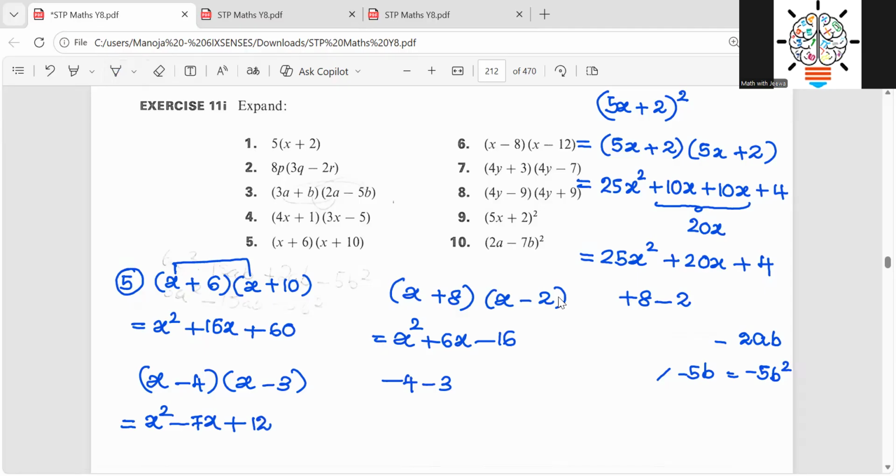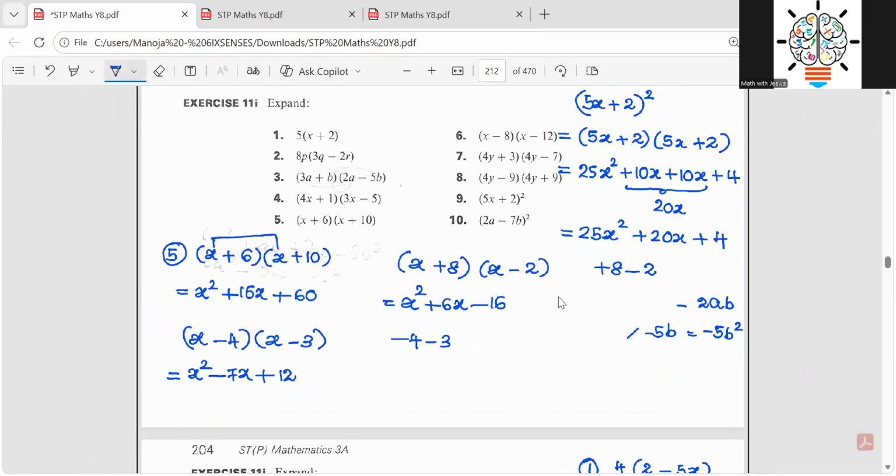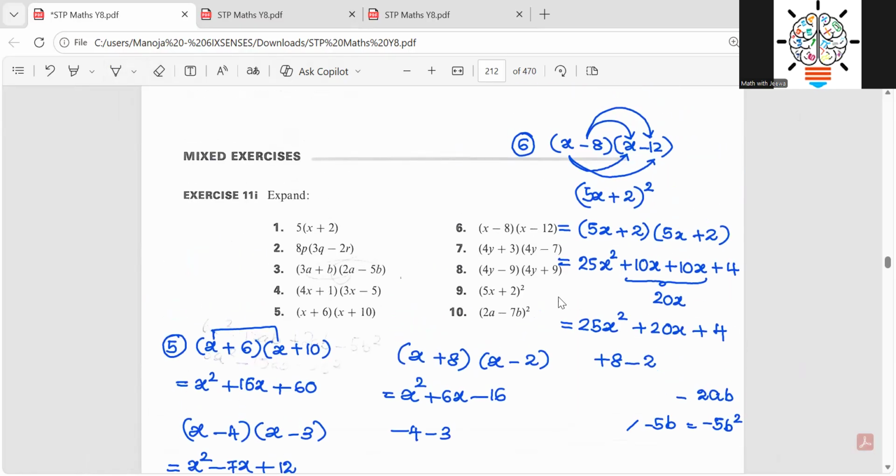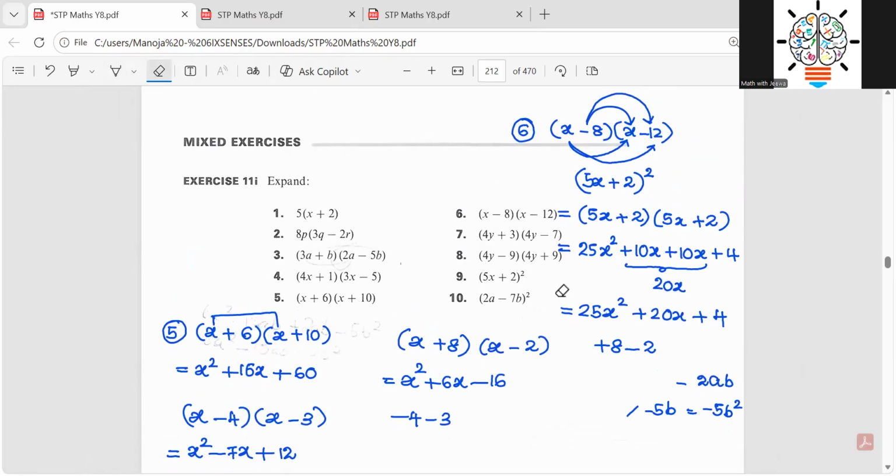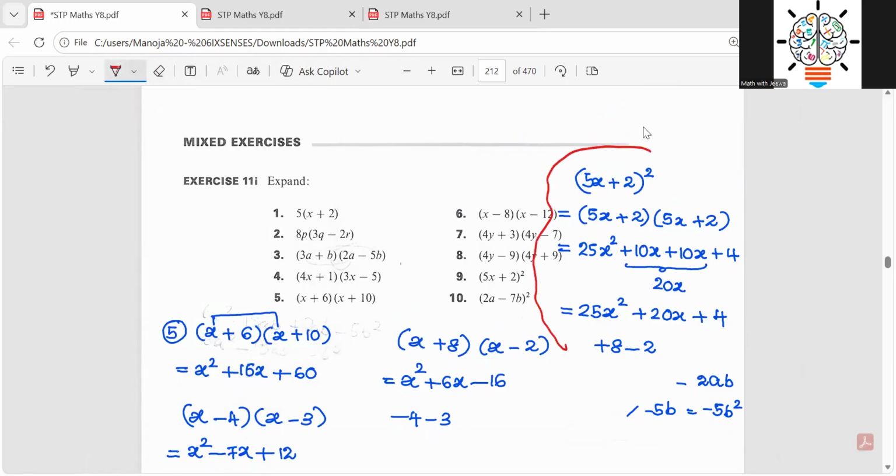So if you want to do the steps like this, you know how to do it, right? Let's say that you want to show your answers like this with the steps. Wait, I will show you. So like this, and I'll take the red color. So this is the detailed version, right?